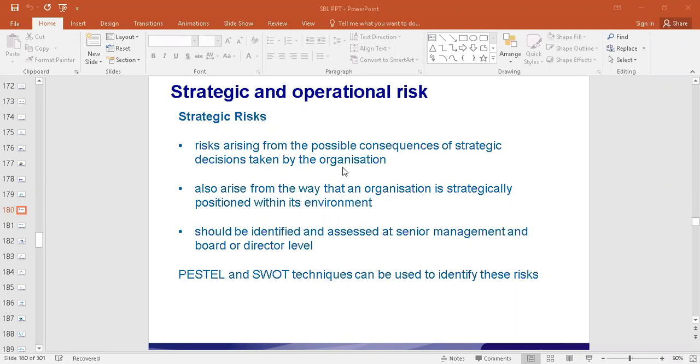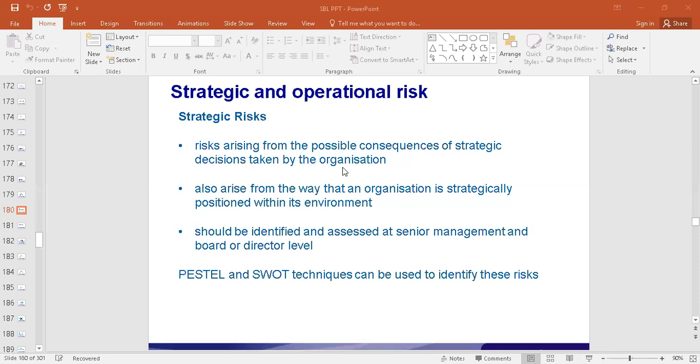The failure can be from internal inefficiency of the management to implement it effectively, or there are factors in the external environment that can affect the organization, because of which things do not happen, and then the objectives of the organization cannot be achieved. It also arises from the way that an organization is strategically positioned within its environment.